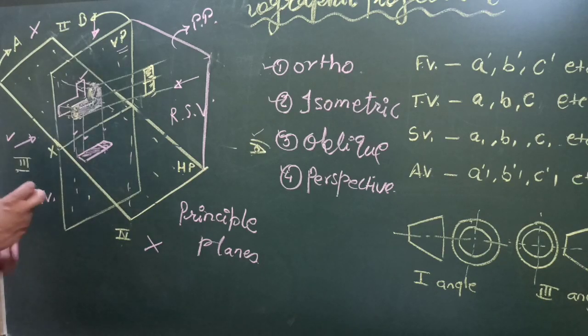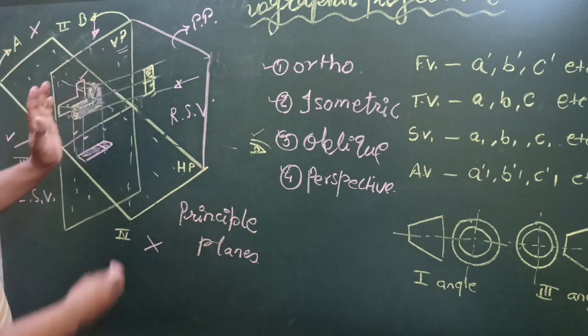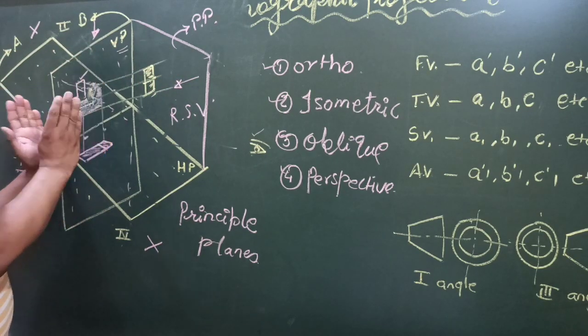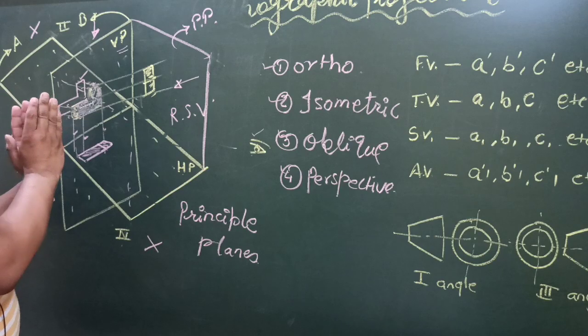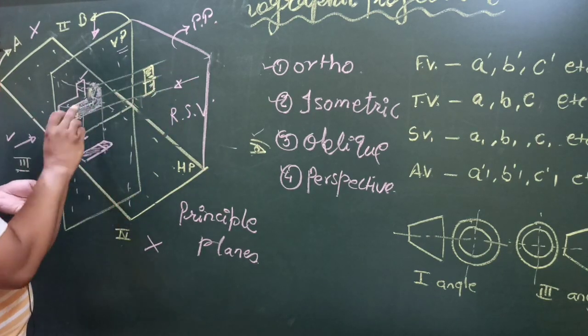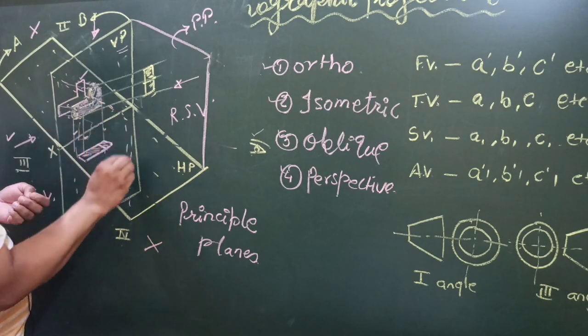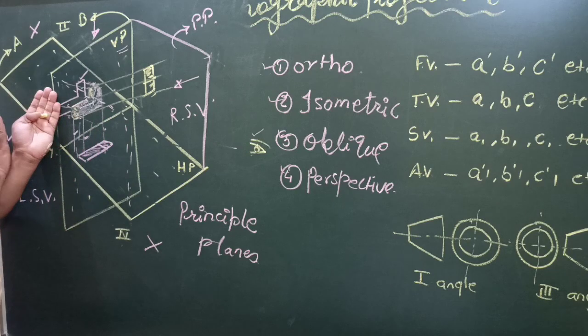Third thing, in case of first angle projection, right side views are always drawn to the left of the front view. Remember this. Why? Because after drawing this right side view on this plane, which has been shown by the dotted lines, we rotate it like that.